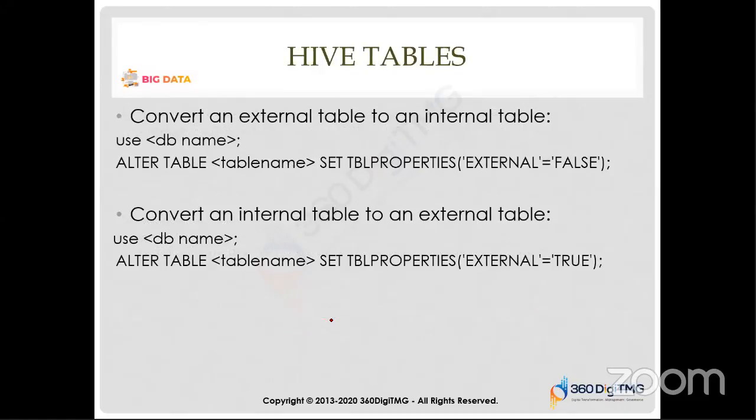Now there are commands which will help us convert an internal table to an external table and back. All you have to do is set the table properties. If you set the table property external equals false, then it becomes an internal table. If you say true, that means it's an external table. That's a small alter table command that we will run.